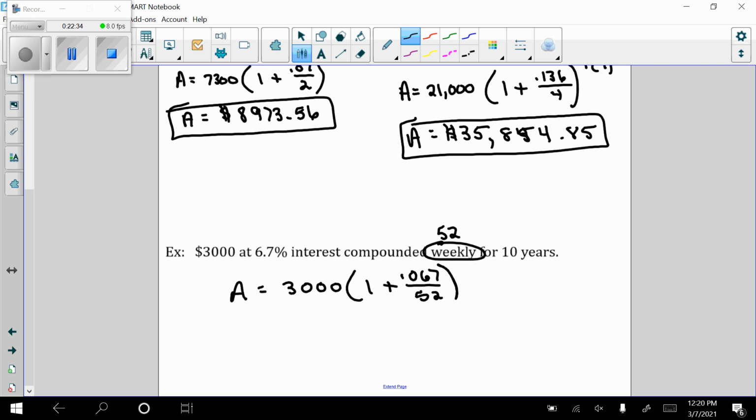Divided by 52 to the power of 52 times 10. That will give you about $5,860.18 at the end of 10 years.